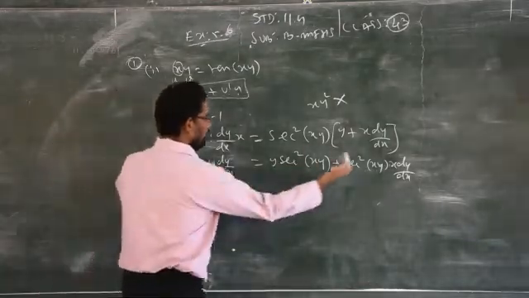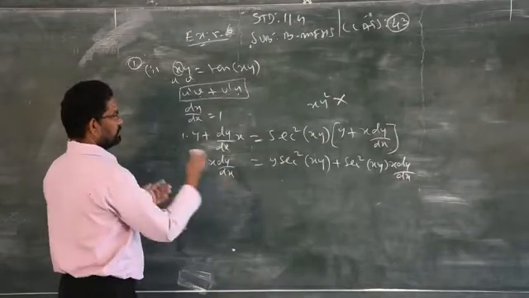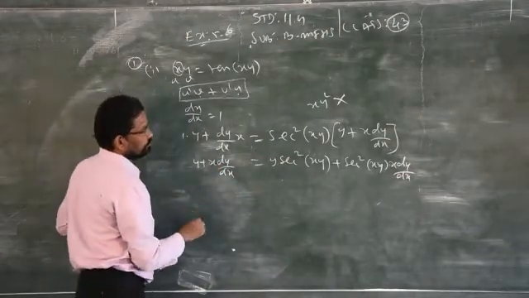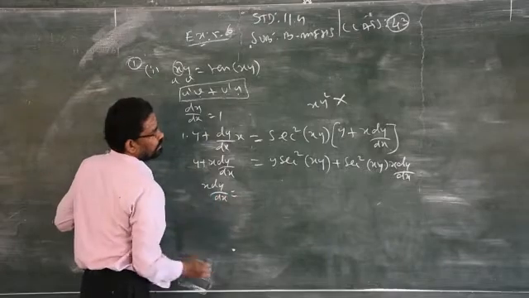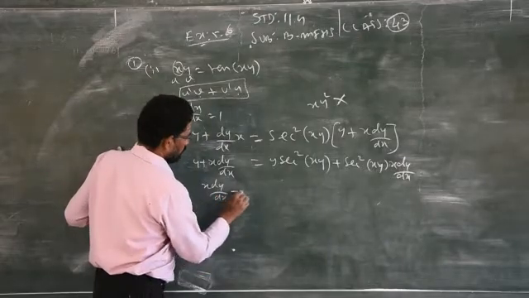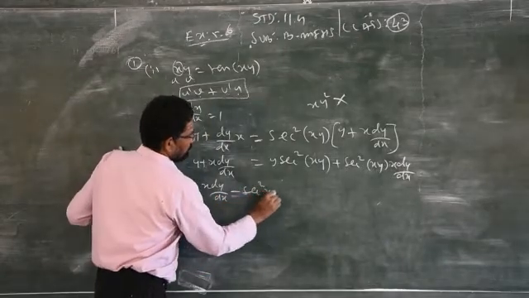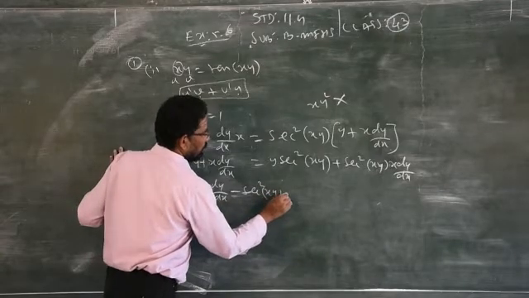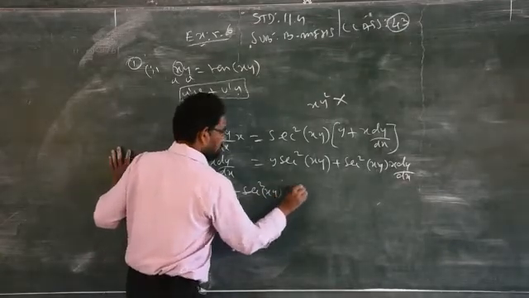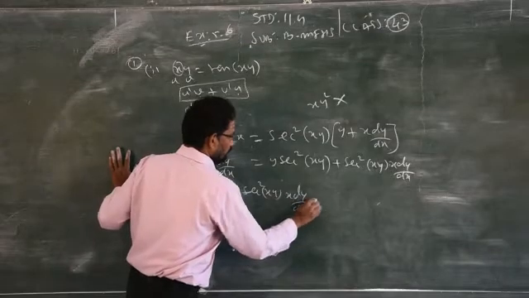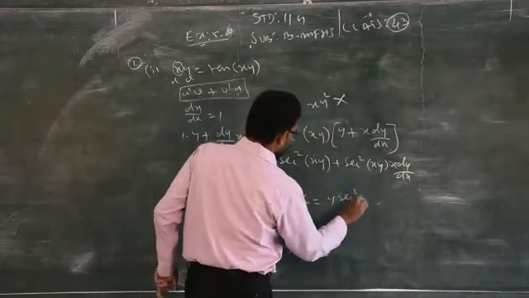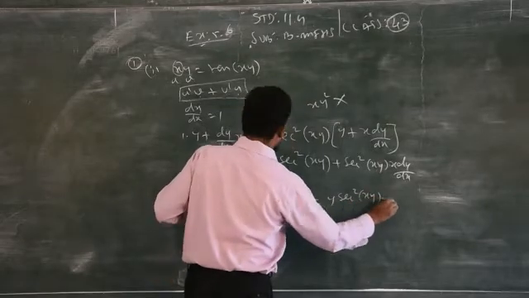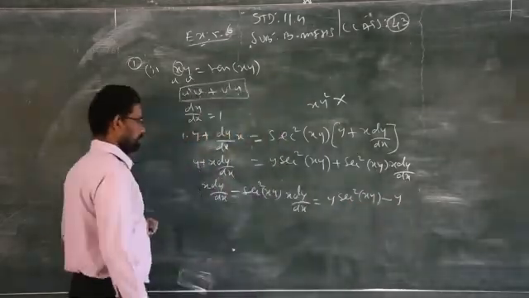Now you can group dy by dx on one side. You just have to transfer. It is equal to minus secant square xy x into dy by dx, y into secant square xy plus y will become minus y.